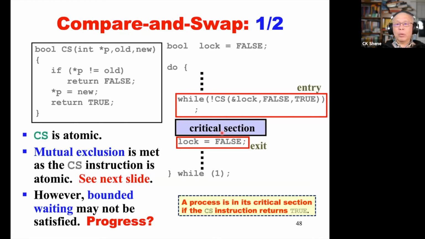More importantly, what if two processes execute CS? Because CS is atomic, only one of these two would execute. That is, the hardware would force these two processes to execute CS in a sequential way.